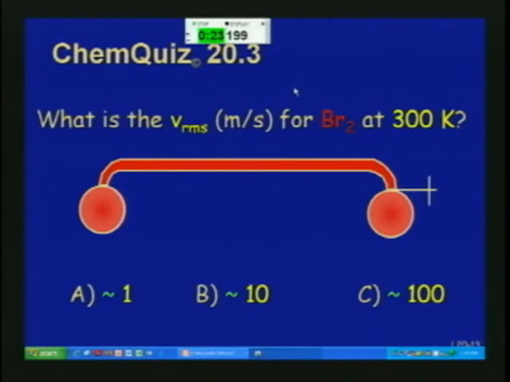So is it 1 meter per second, about 10, or maybe about 100, or even bigger than that?